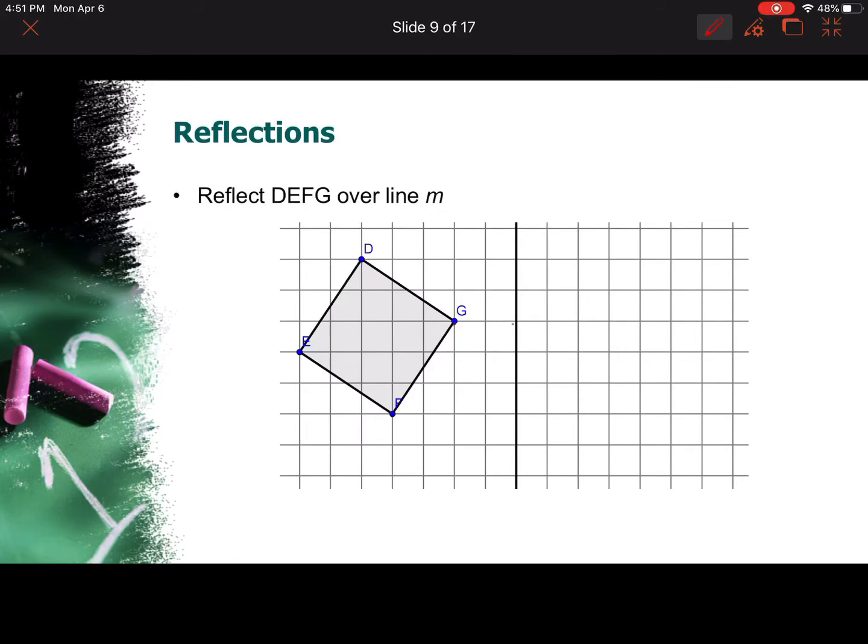Okay, I hope that you did it yourself. This time the line of reflection is vertical, so we're going to use all these horizontal lines to figure out where the points are. Go 1, 2, 3, 4, 5. 1, 2, 3, 4, 5.